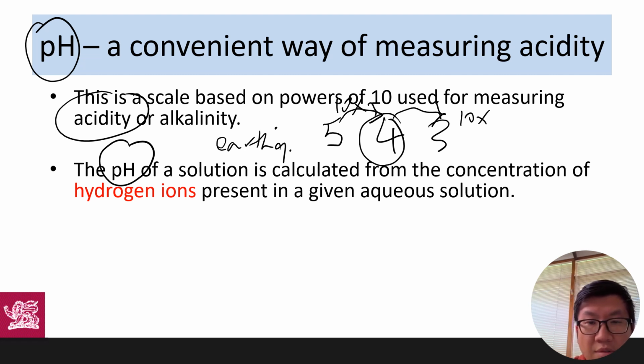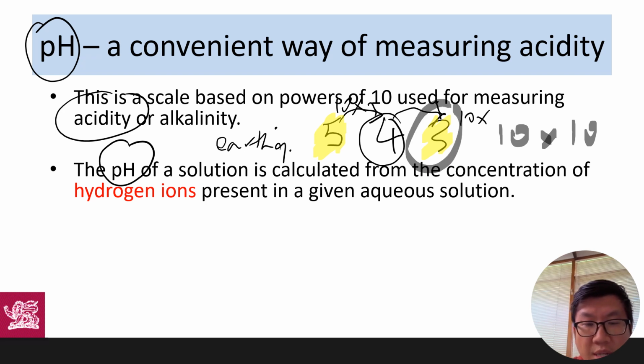And what we need to be careful about is when we're comparing, say, an earthquake of a magnitude of 5 compared to a magnitude of 3, it's not 20 times more powerful. It's actually 10 times 10. So that would be an earthquake that is 100 times more powerful than Richter scale 3.